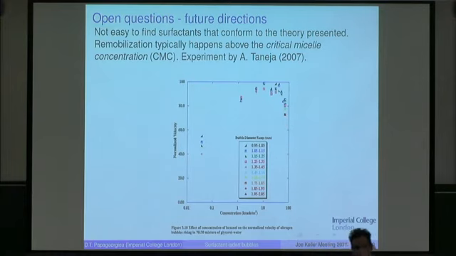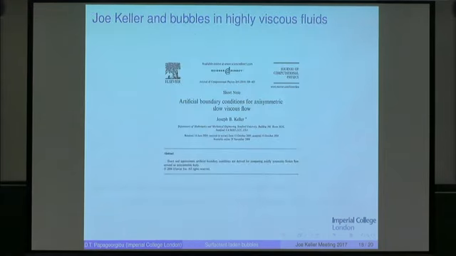In other words, there's a decrease in the drag, but this happens above the critical micelle concentration, where there is a phase transition, where surfactants are clumping together. So this leads to quite an interesting problem, where you have to track regions of phase transitioned surfactant with monomer. And that's something we're thinking of doing.